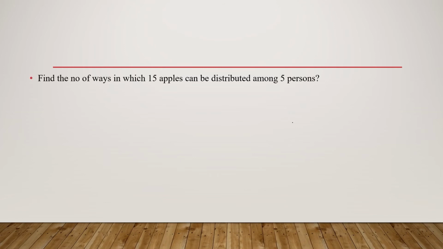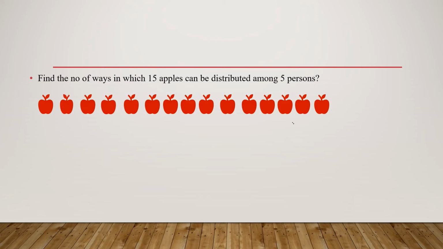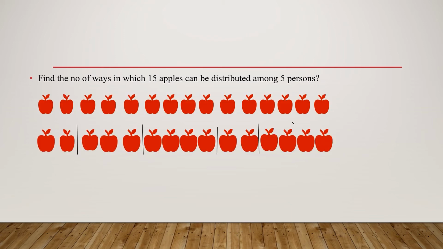The previous problem, logically we can approach in a different way. The question was the number of ways in which 15 apples can be distributed among 5 persons. Distributing 15 apples among 5 persons means we have to make the apples into 5 sets. In order to make 5 sets, we have to make 4 partitions. That means 4 partitions will give you 5 sets. And these partitions I can make in different ways.